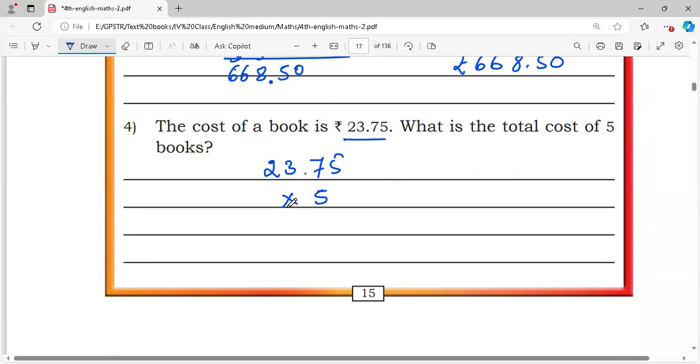How much is the cost for such 5 books? 5 into 5, 25, carry 2. 5 into 7, 35, 35 plus 2, 37, carry 3. 5 into 3, 15, 15 plus 3, 18, carry 1. 5 into 2, 10, 10 plus 1, 11. 118 rupees 75 paise.